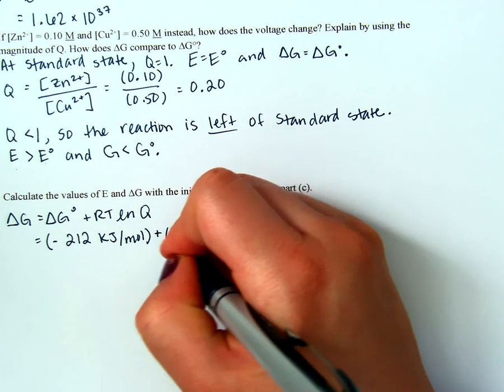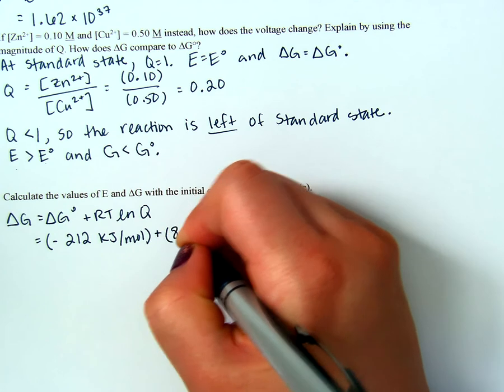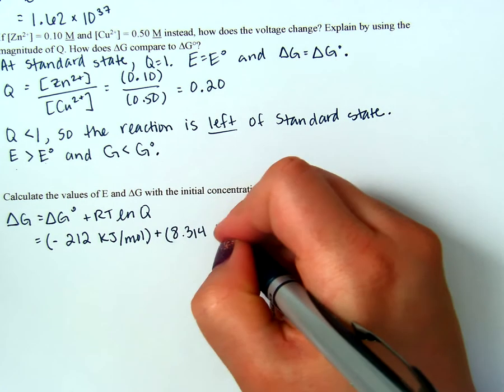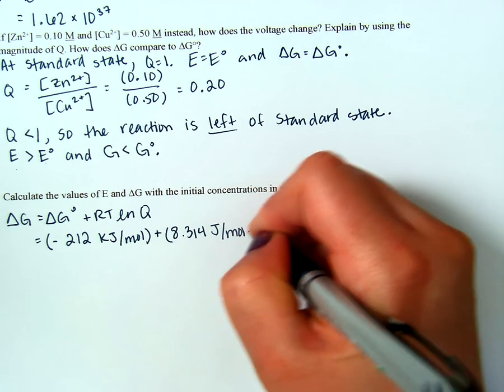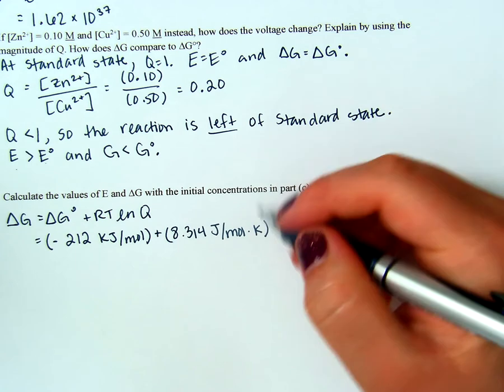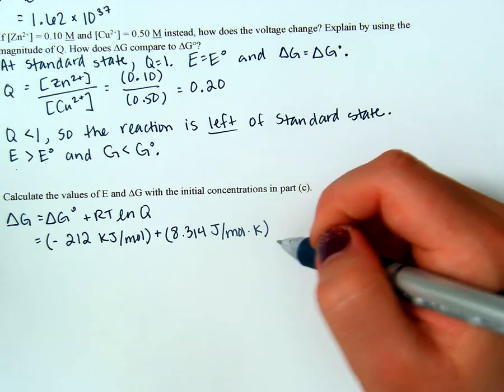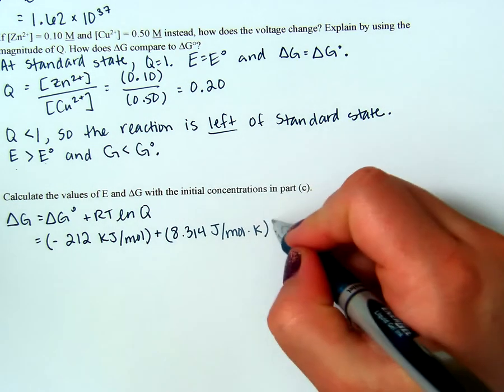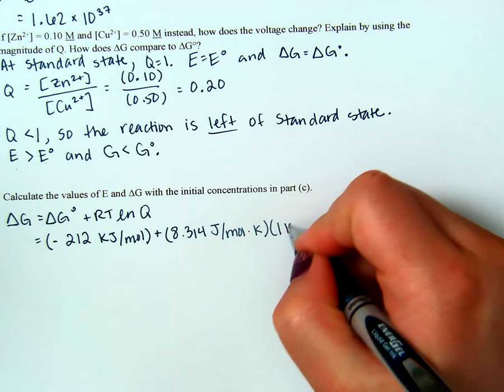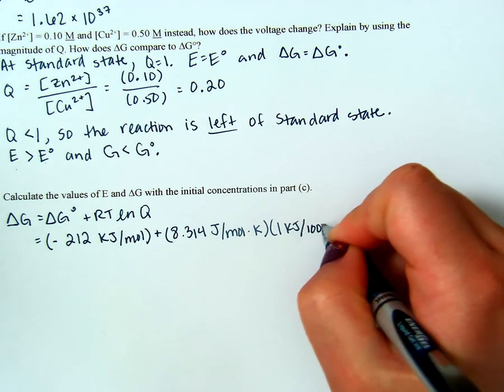So plus our R's are, of course, our ideal gas constant, 8.314 joules over moles times Kelvin. And I'm going to need to get this into kilojoules to match my kilojoules over here, so I'll just go ahead and convert that in line. So 1 kilojoule is equal to 1,000 joules.